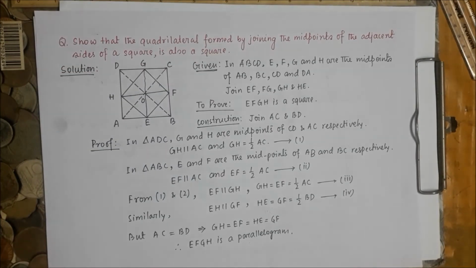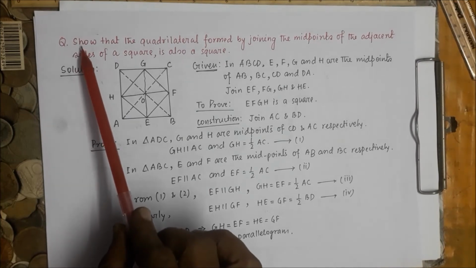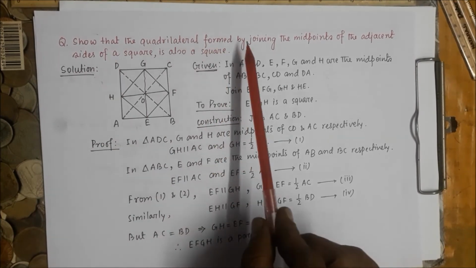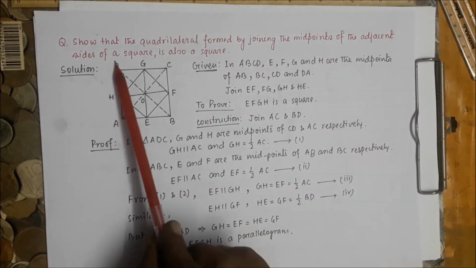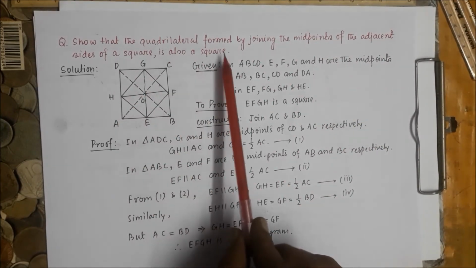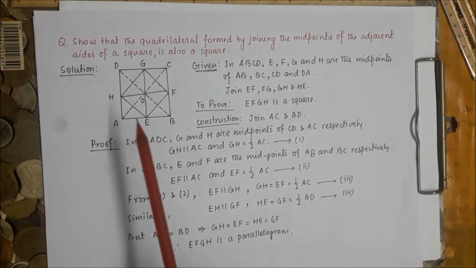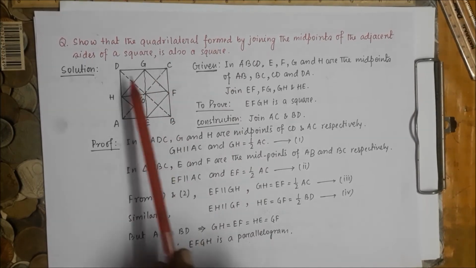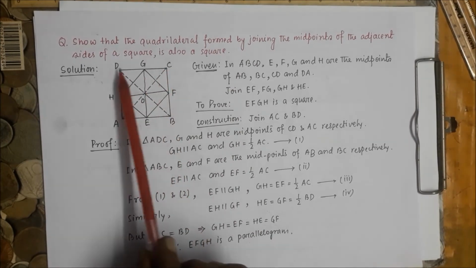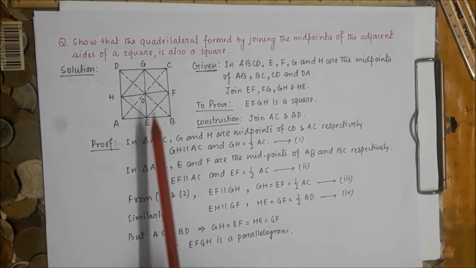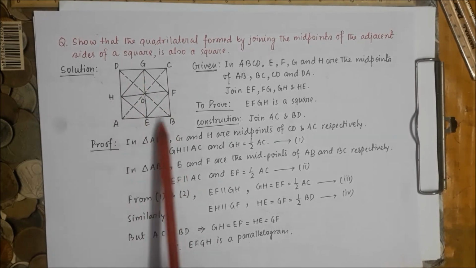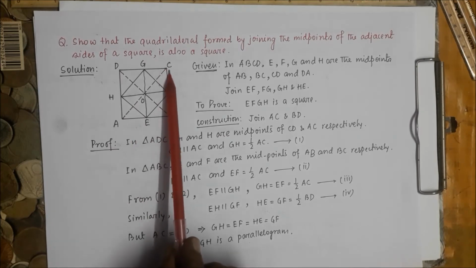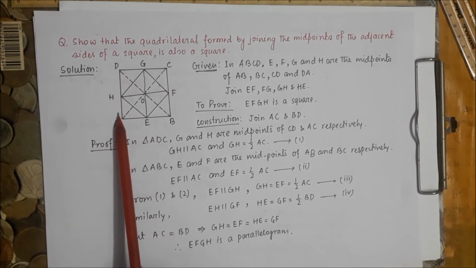Now, let us solve one problem. Show that the quadrilateral formed by joining the midpoints of the adjacent sides of a square is also a square. Here ABCD is a square where E, F, G, H are the midpoints of AB, BC, CD and DA.